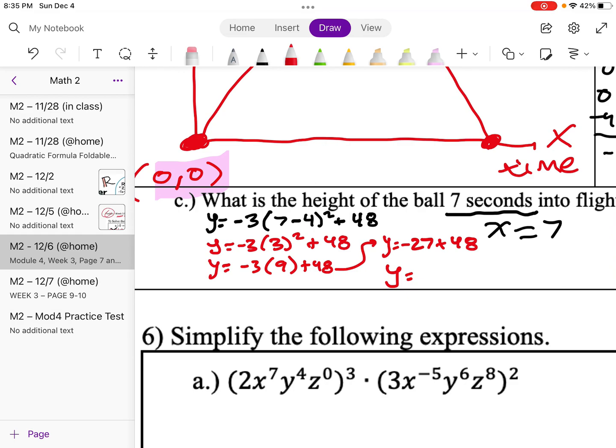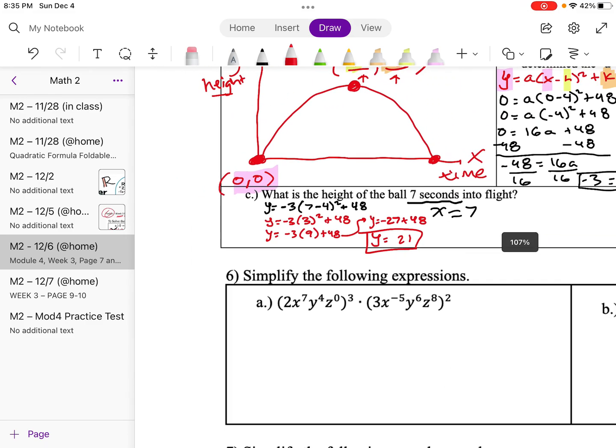We get negative 27 plus 48. That gives us 21.